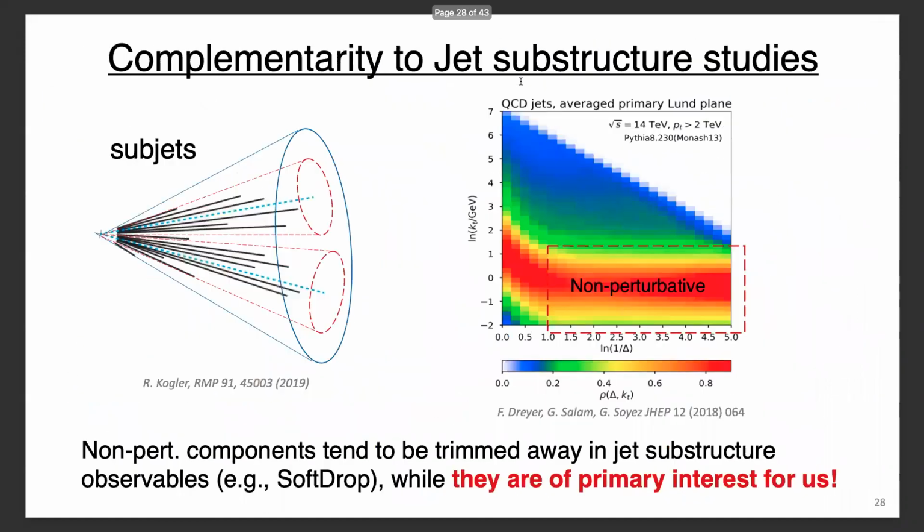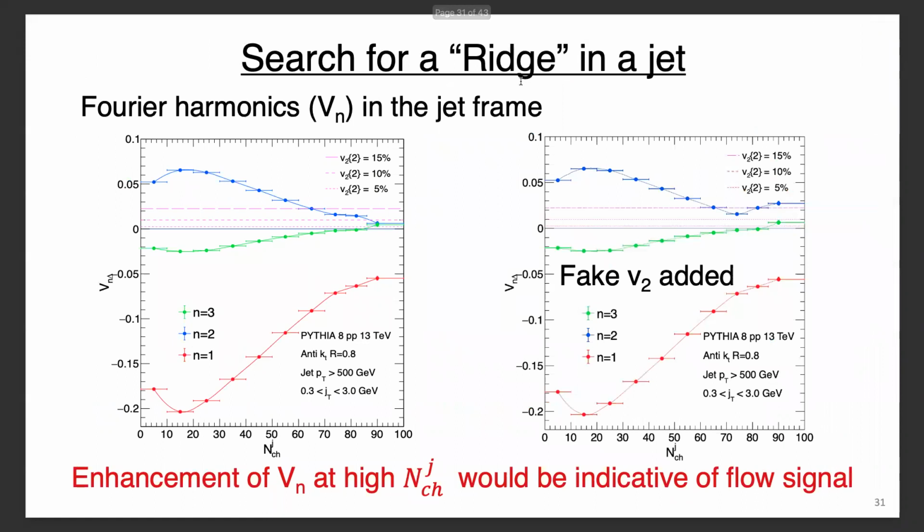So this plot shows you 5% V2 will be here, 10% will be here, and this depends on the geometry. If somehow there's a larger eccentricity in the system we're looking at, maybe we see a larger signal. This is not a prediction. We have no idea how big the signal is.